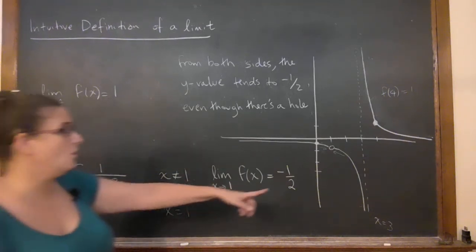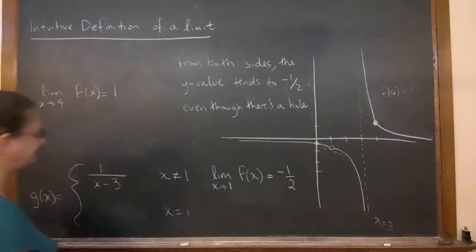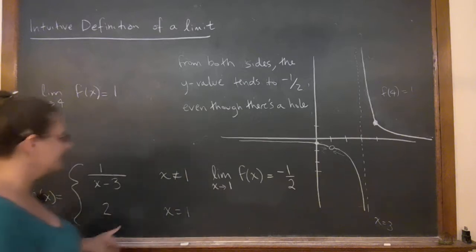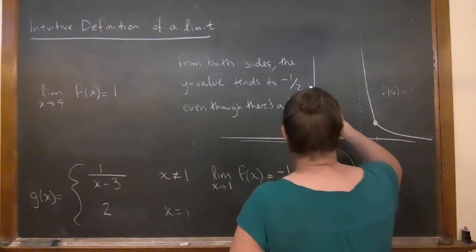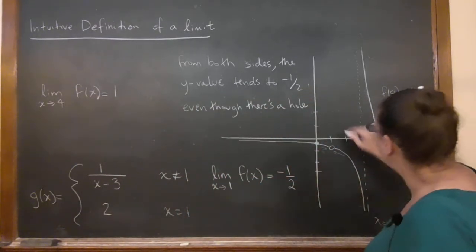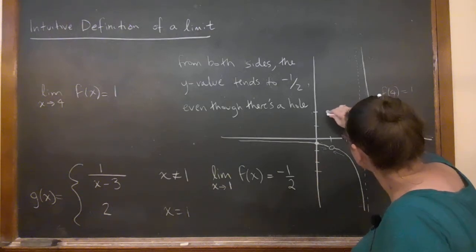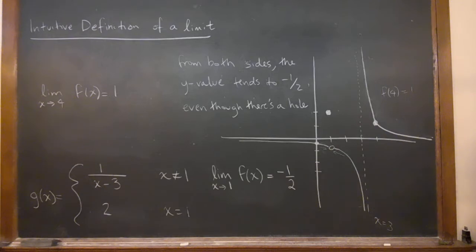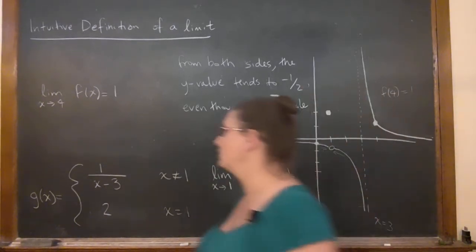I could just fill in the hole and call it -1/2. Maybe I want to switch it up though. Maybe I want to make it 2. If it's defined to be 2 there, that means I can now draw a point here on my piecewise defined function, and I have that point just out there willy-nilly.